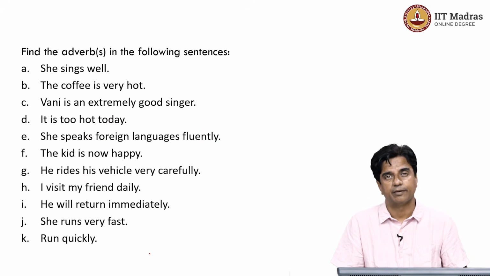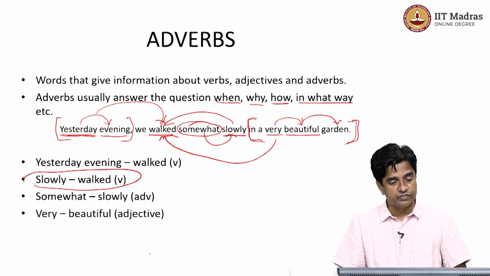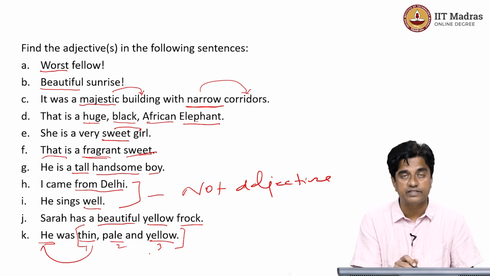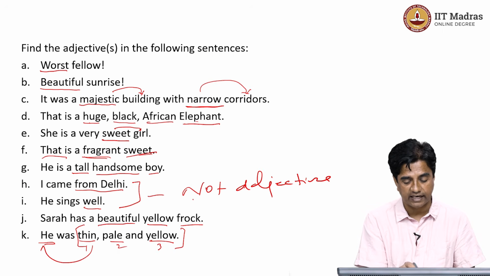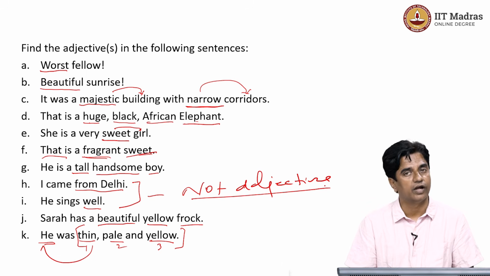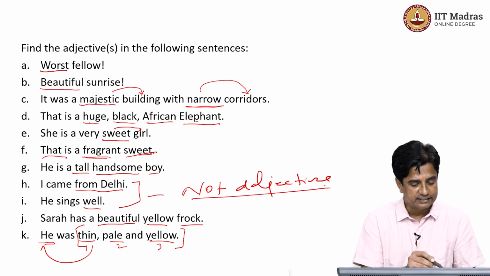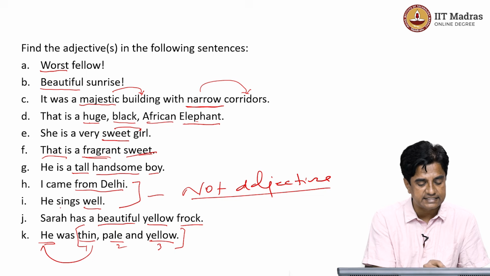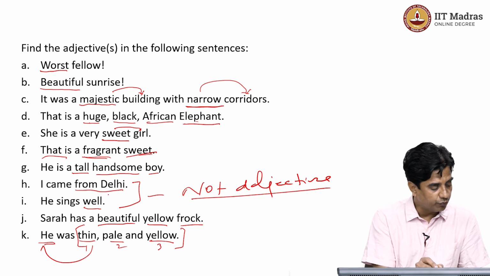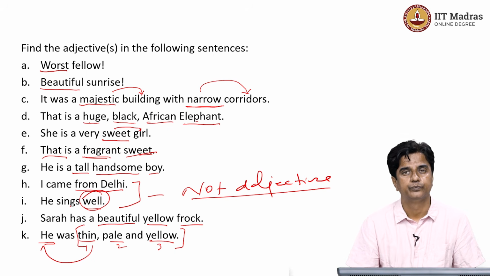So look at some examples now. First of all, I want to take you here, when we said these are not adjectives. So now you understand the answer. These are adverbs. So when we say he sings well, well answers the question how.